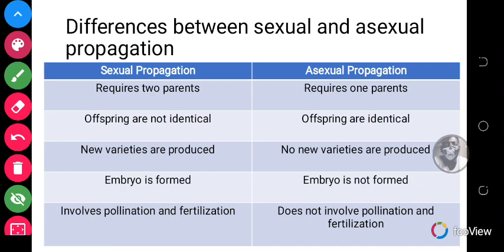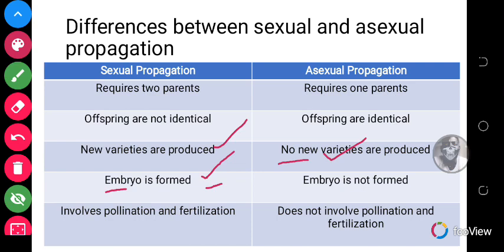In sexual propagation, new varieties are produced. Just like I said earlier, offsprings are not identical, so new varieties will be produced. But in asexual propagation, no new varieties are produced. And then sexual propagation has to do with embryo formation. Since it has to do with fertilization, an embryo would need to be formed.